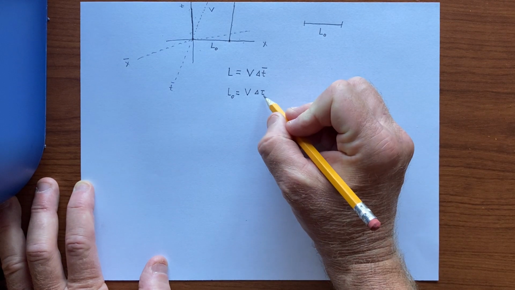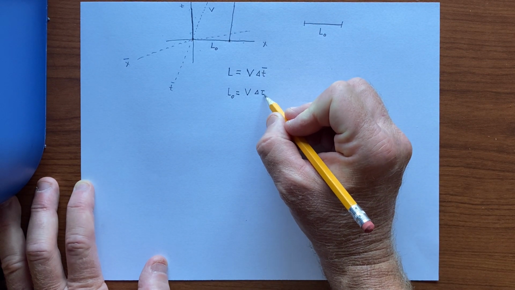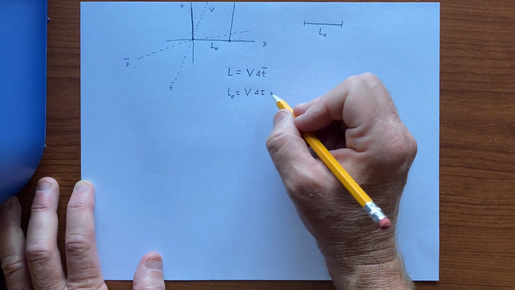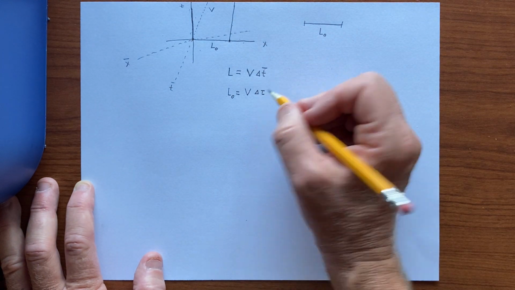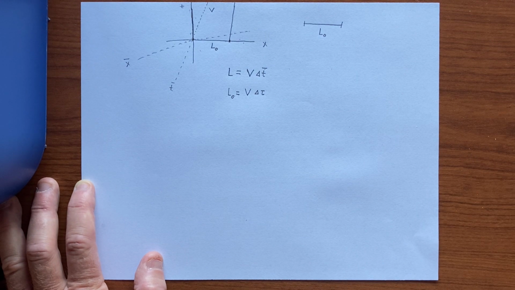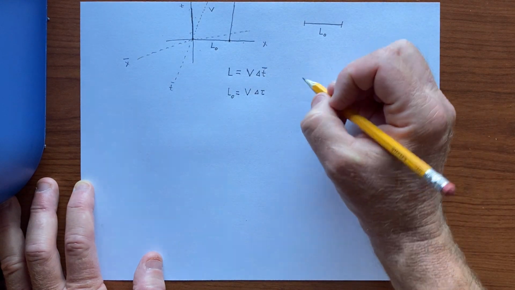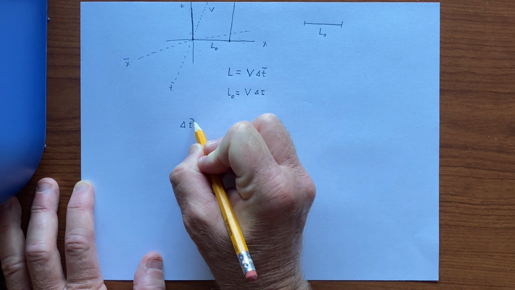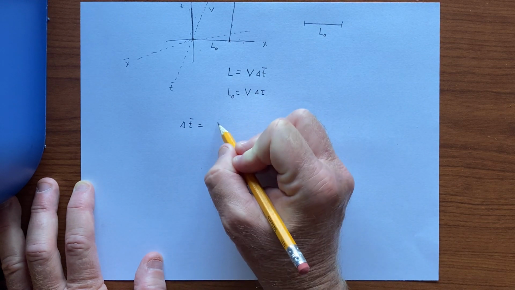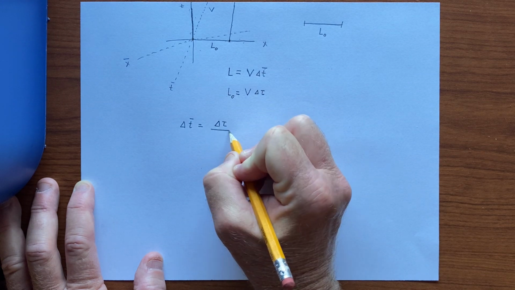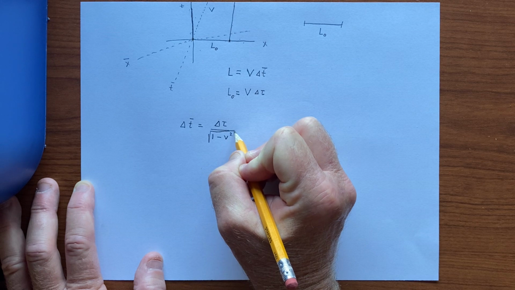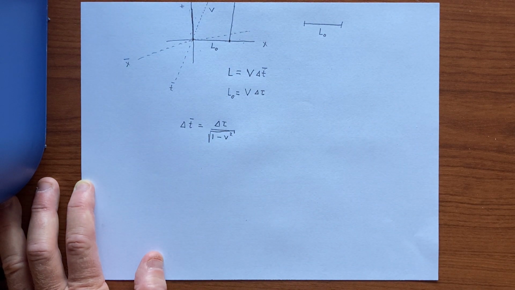And we call it tau, or delta tau, right, sort of the rest clock. And these two are different. But we know the relationship between these two times, right? We already derived this. We know that delta t bar is dilated with respect to delta tau by this factor, 1 over the square root of 1 minus v squared.